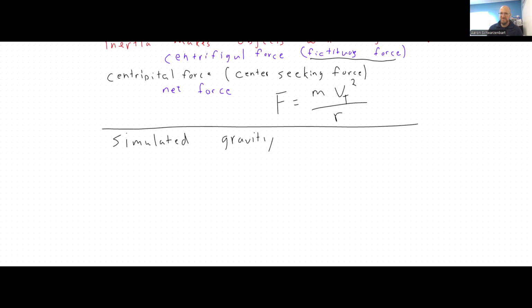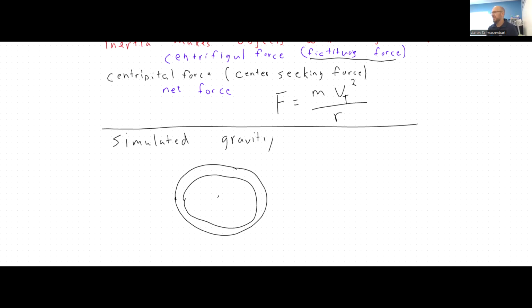So if I rotate an object, you look at the book, they show this with a ladybug on the outside of a wheel. But if I've got a space station here and I rotate it, the outside wall becomes my ground. If I rotate it at the right speed, the normal force is what's going to cause me to rotate instead of going in a straight line.